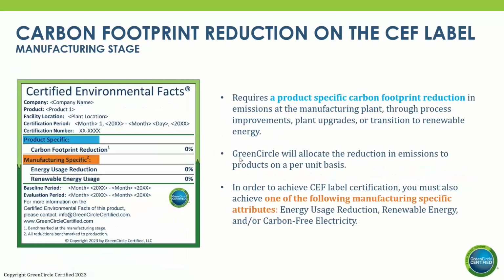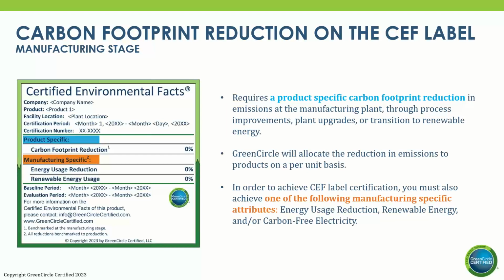Next slide is an example of the CEF label that includes a carbon footprint reduction that is attributed to carbon emissions reduction in the manufacturing stage. For this audit, GreenCircle would verify that intentional steps were taken to decarbonize the operations, which in turn reduce the embodied carbon of the product related to this single stage.